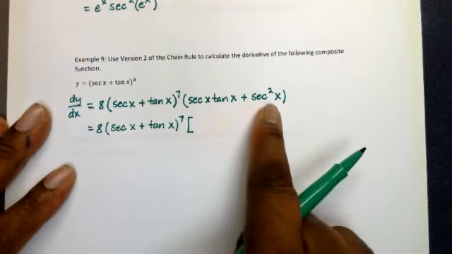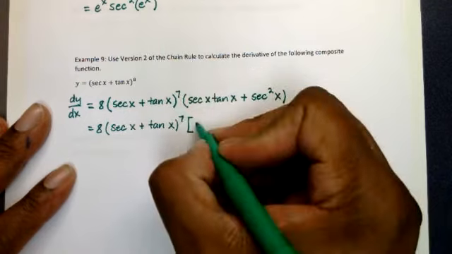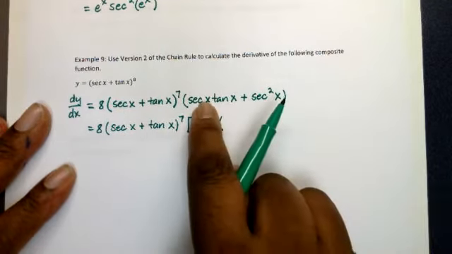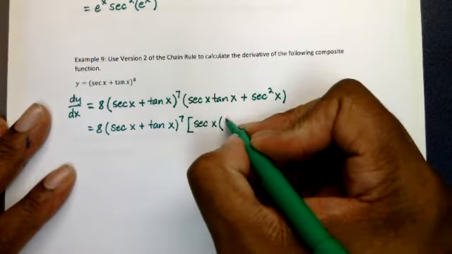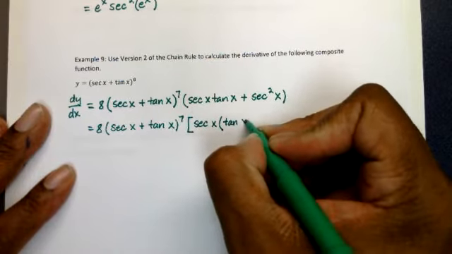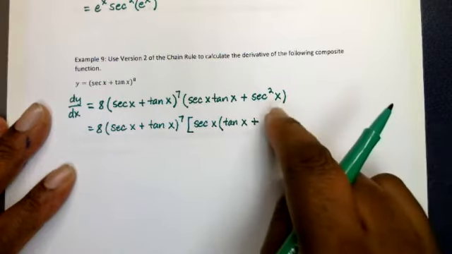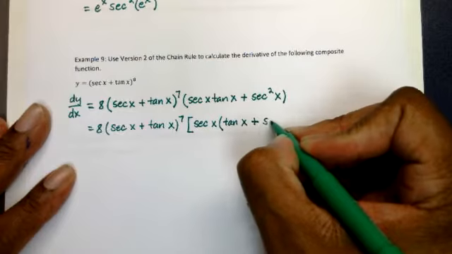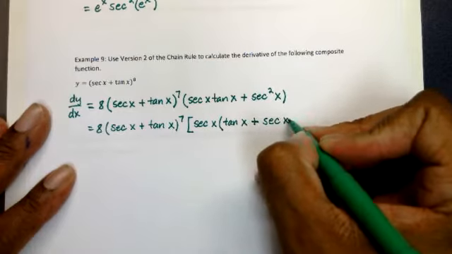And notice here we can factor out secant of x. If I factor out the secant of x here, I'll be left with the tangent of x, plus, if I take out one of the secant x's, I'll have only one left over, secant of x.